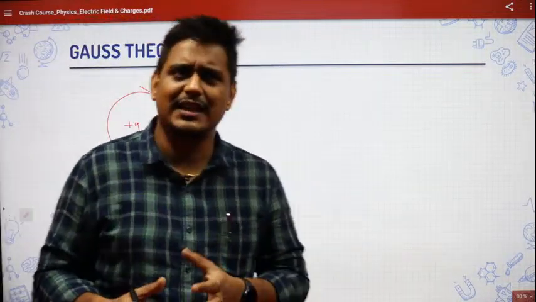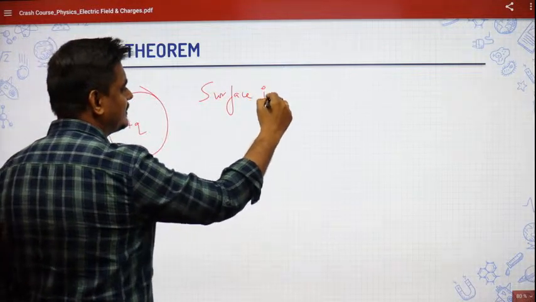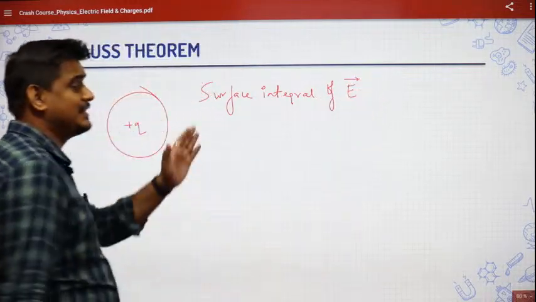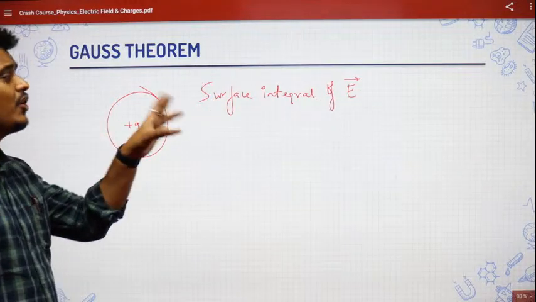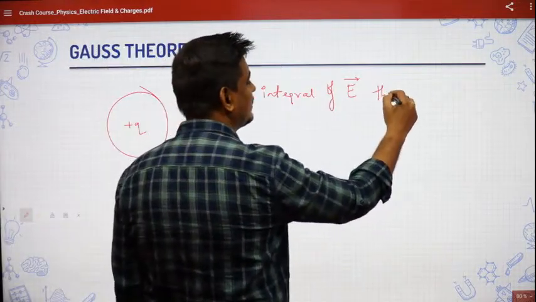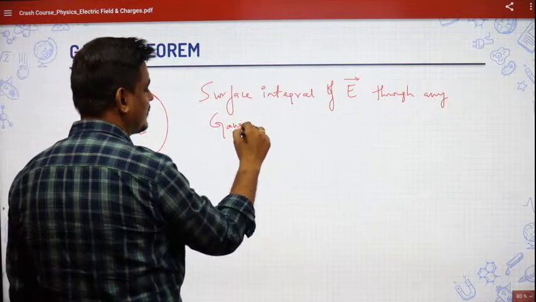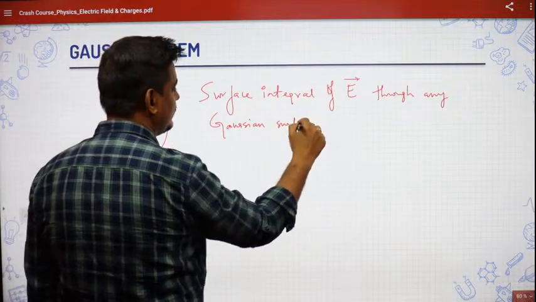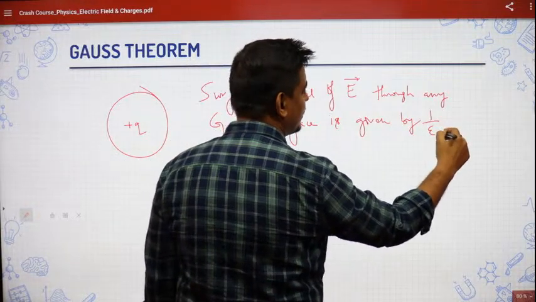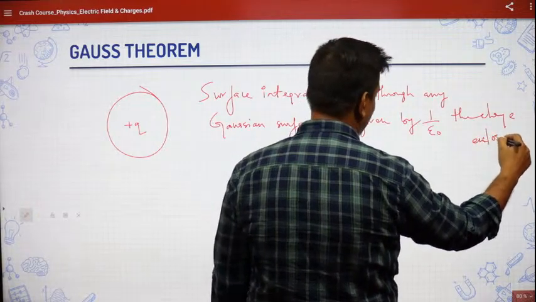So if I want to write a definition, I can write like this: surface integral of electric field. Now why am I writing surface integral of electric field? Because it is E dot dA through any Gaussian surface is given by 1 by epsilon naught times the charge enclosed, obviously by the Gaussian surface.